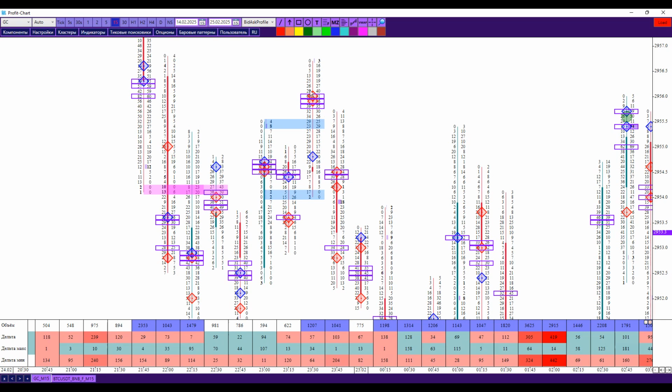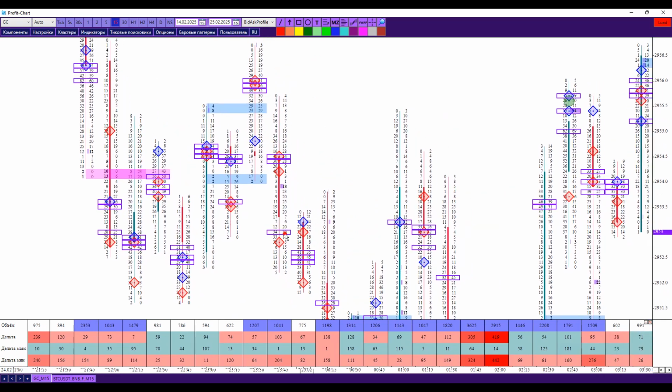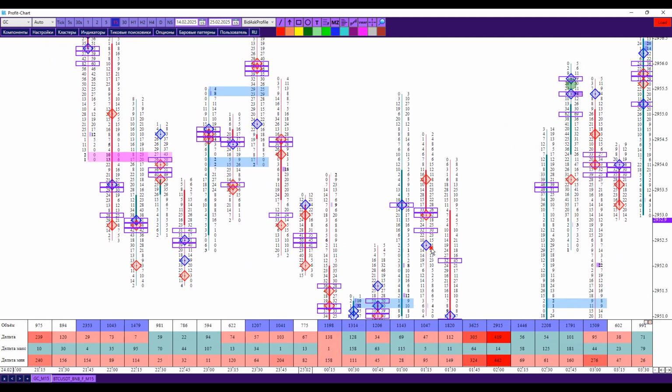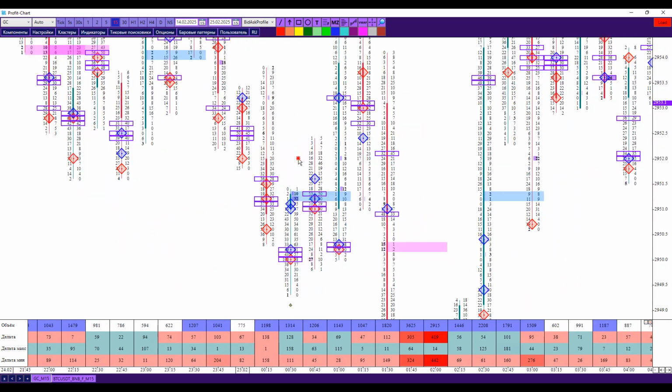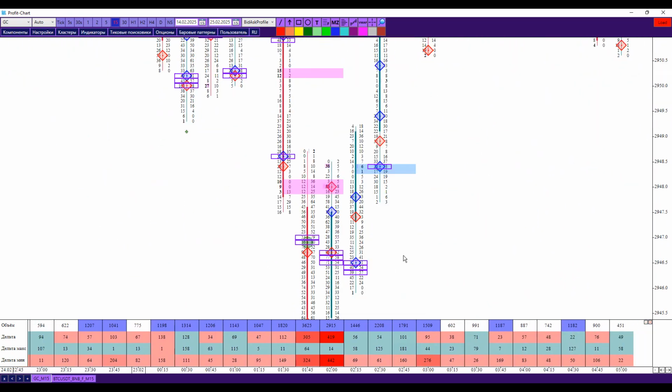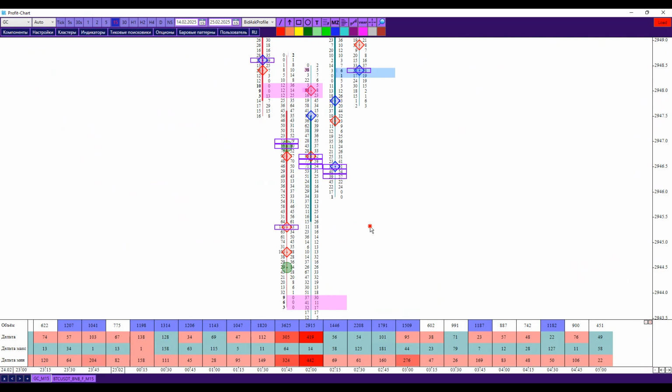And after that, the price went down. So here is another very pleasant opportunity for additional analysis when they coincide. The volumes along with the deltas enhance attention and understanding of the processes that occur on the charts.